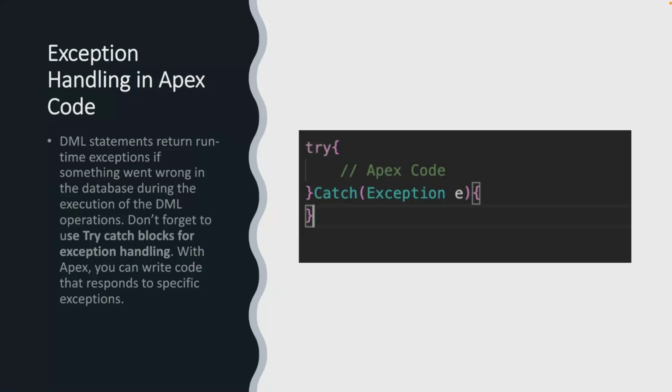We can use a try catch block to handle our exception. And if an exception comes, then we can do error logging, update some fields on the error, store some error messages, or many other things in the exception.